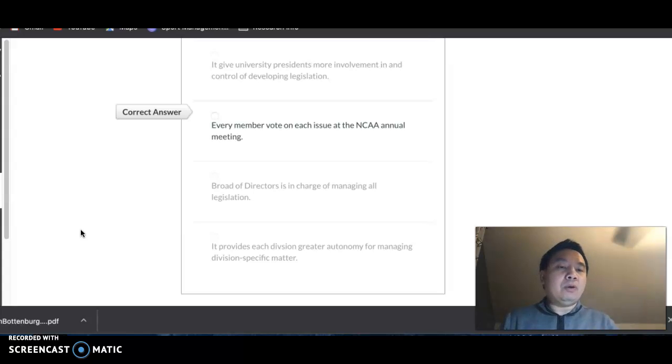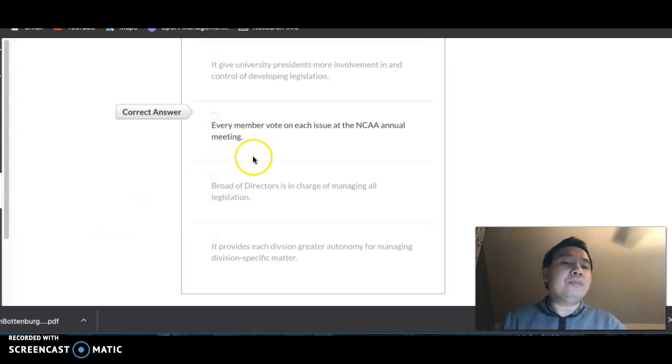After the institutions were classified into 3 different divisions, under the new structure, each conference sends representatives to participate at the NCAA's annual meetings, and then each conference has 1 vote, not each institution.